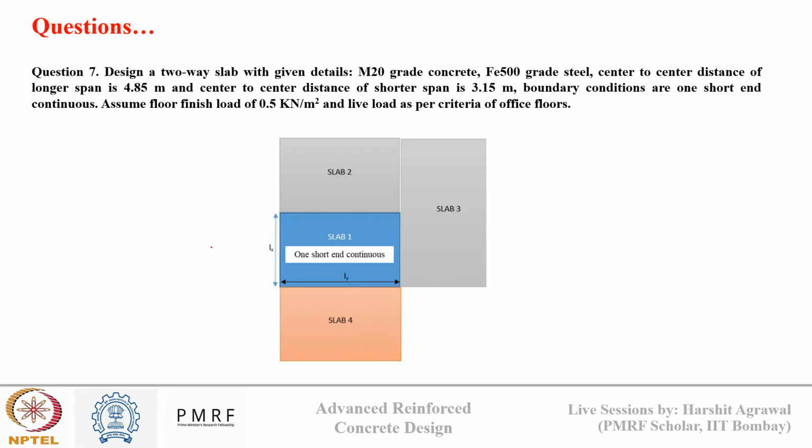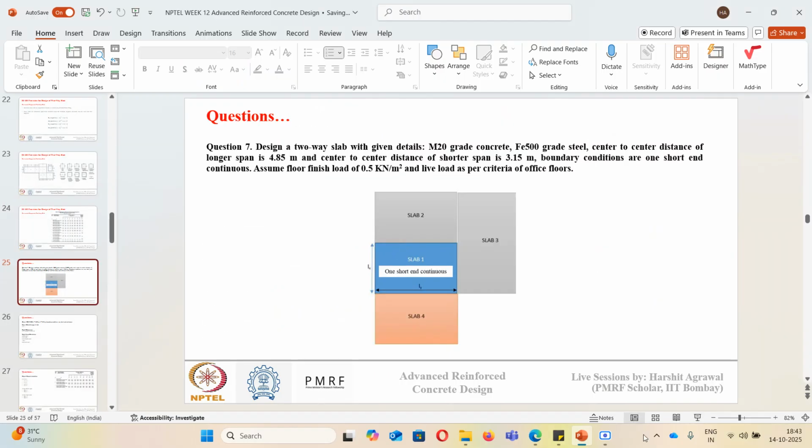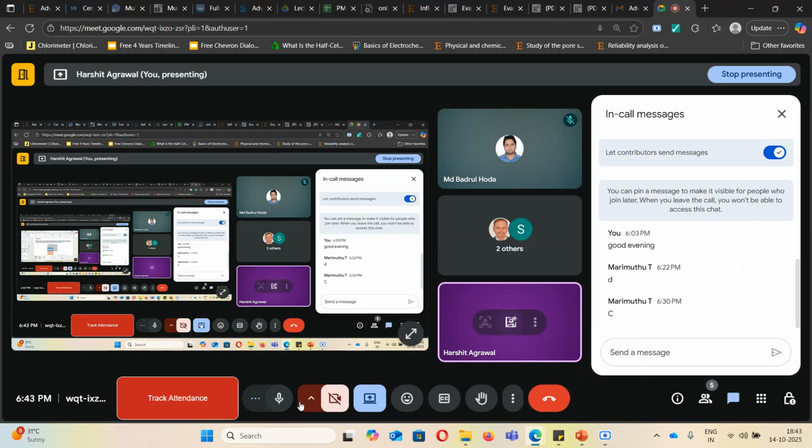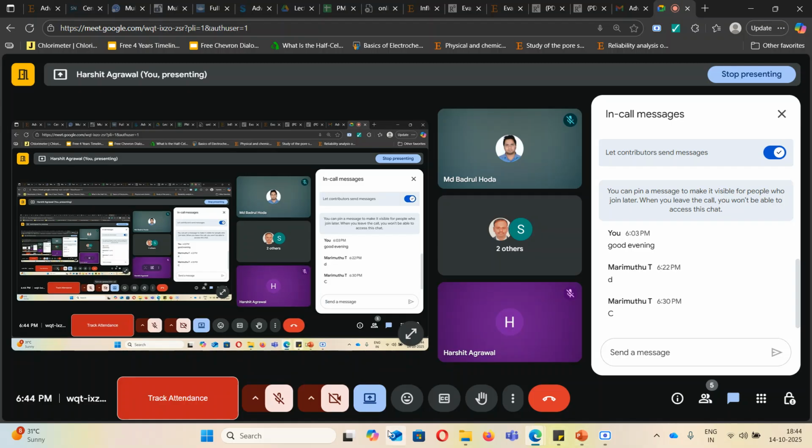So this is the numerical. I will mute myself for a minute. Just think how you will go along with this question, and tell me what your process will be, how you will start with this question. Let's just think about the question.